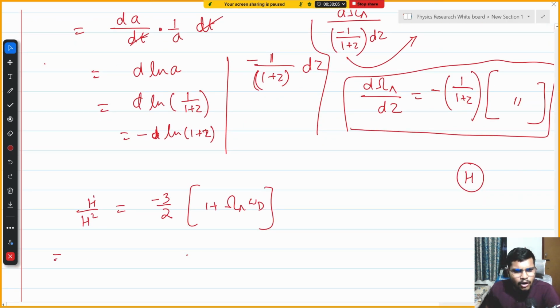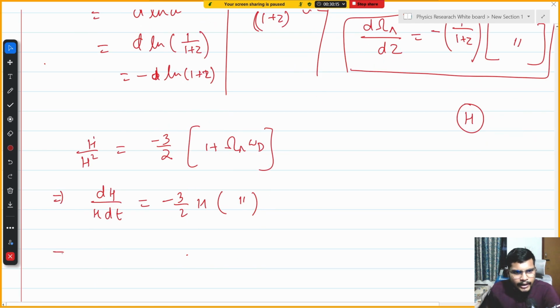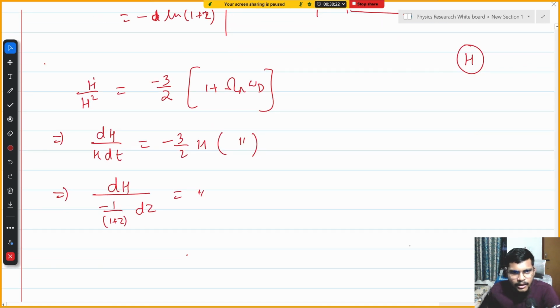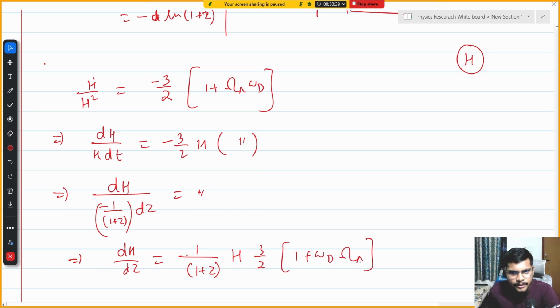Good. Now again I can do the following trick. dh over h dt is equal to just one h would be over here. I exactly know what h dt is, basically minus 1 by 1 plus z dz, and minus minus would be cancelled out. Therefore dh over dz is equal to 1 by 1 plus z, and h, 3 by 2 into 1 plus omega d omega lambda.